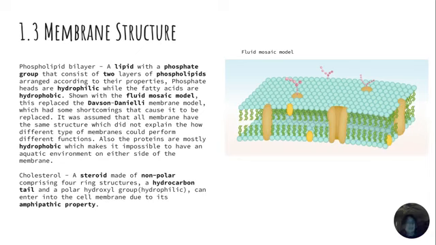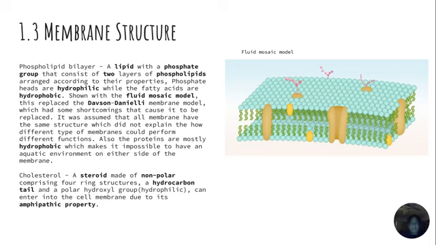Okay, 1.3 membrane structure. The structure of a membrane is something called a phospholipid bilayer, which consists of two layers of phospholipids arranged according to their amphipathic properties, because the phosphate head is hydrophilic, while the fatty acid tail is hydrophobic.